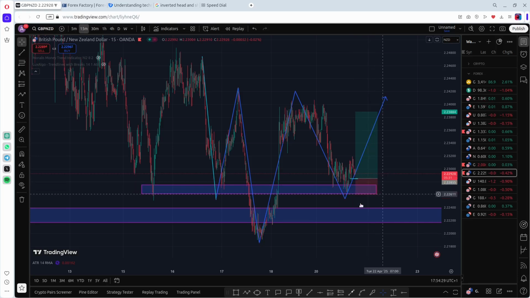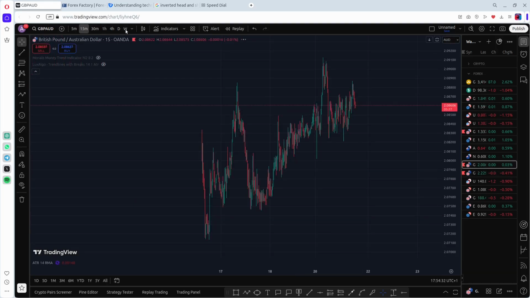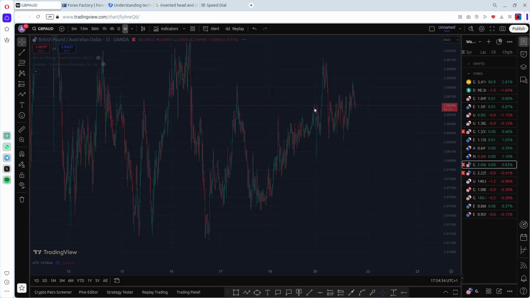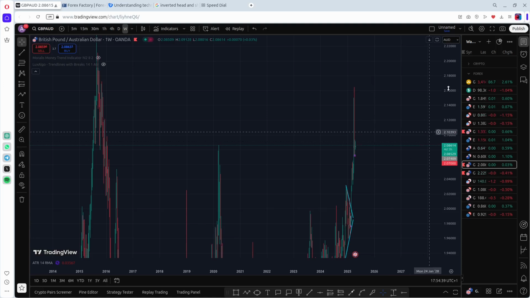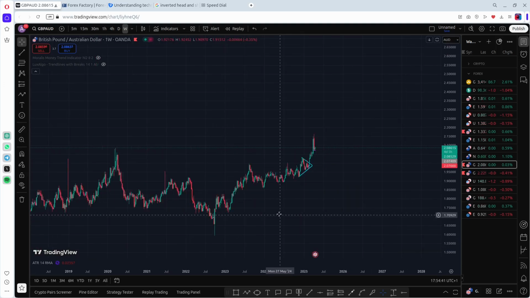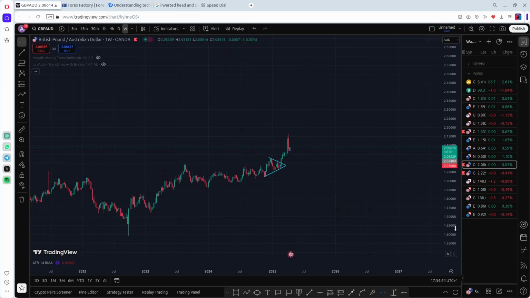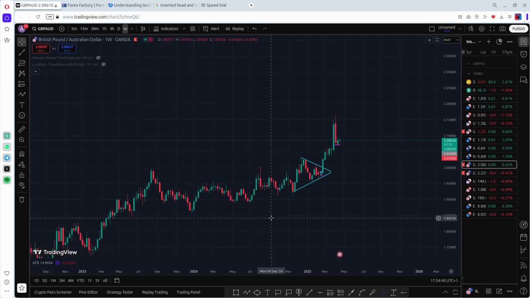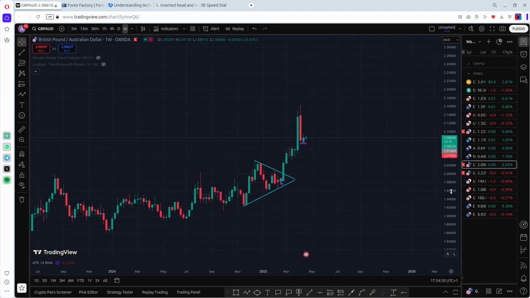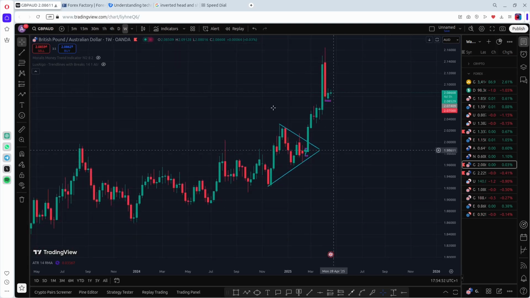Okay, next one I want us to be able to look at is the triangular pattern. So this triangular pattern will have the ascending triangle and we equally have the descending triangle. This was on the weekly time frame, which was quite spotted. So if you look at this particular chart, sometimes it could seem like what's really taking place here as such.